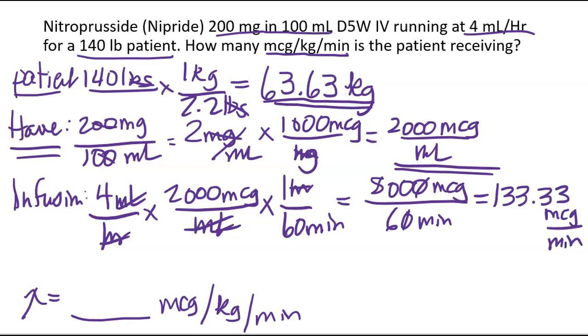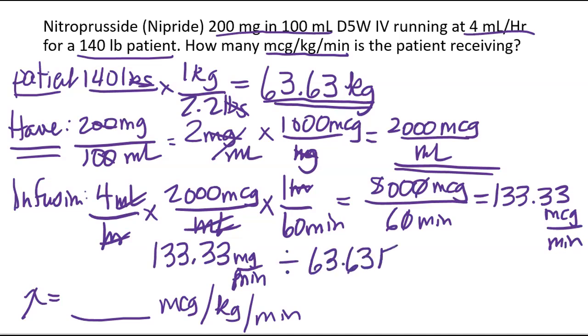And this is what we're actually giving. So we still have to divide it by the kilograms to get the answer. So here we go with 133.33 micrograms per minute. And then we need to divide that by 63.63 kilograms, because this is what we're given total.